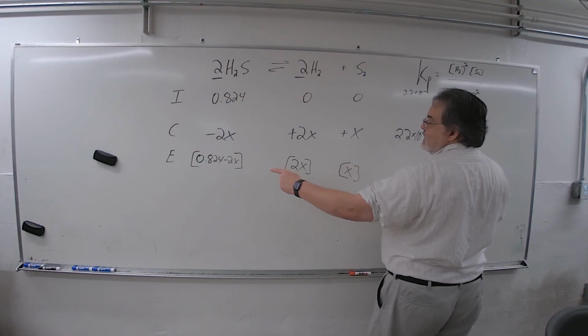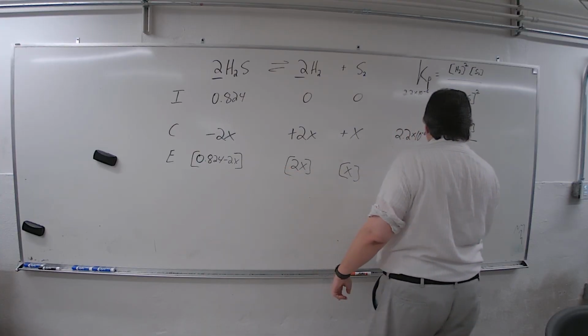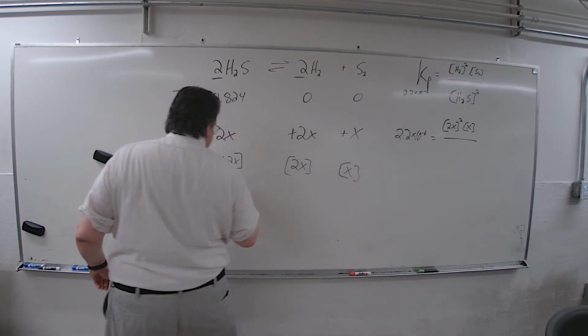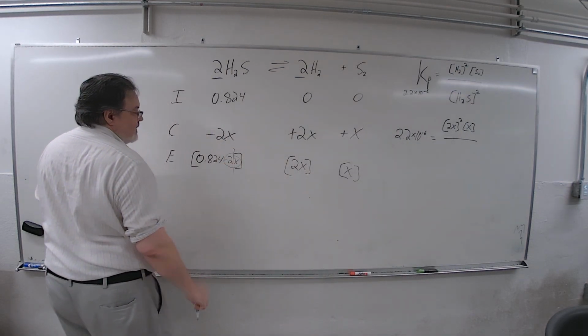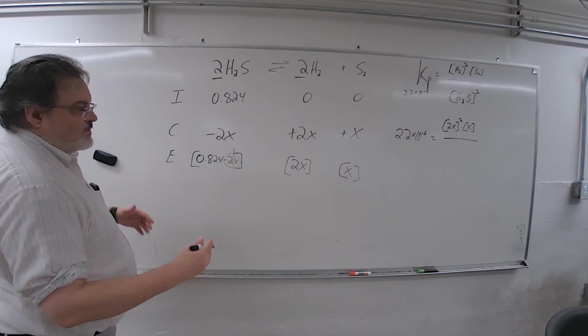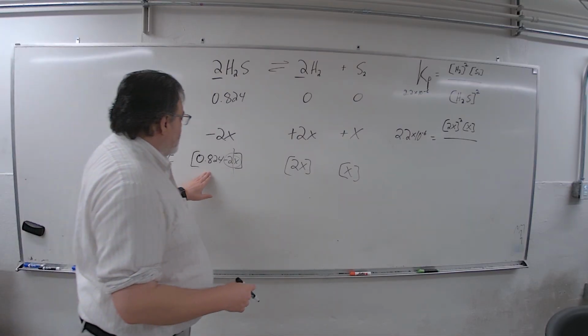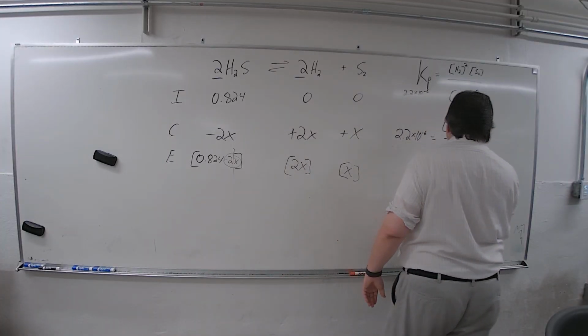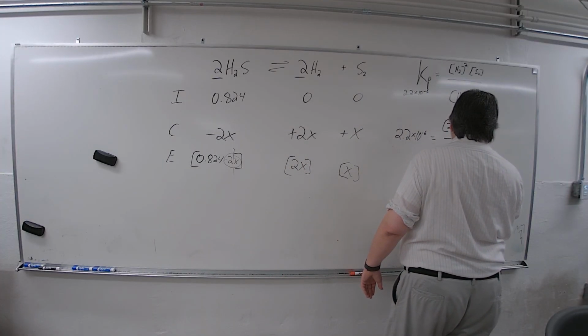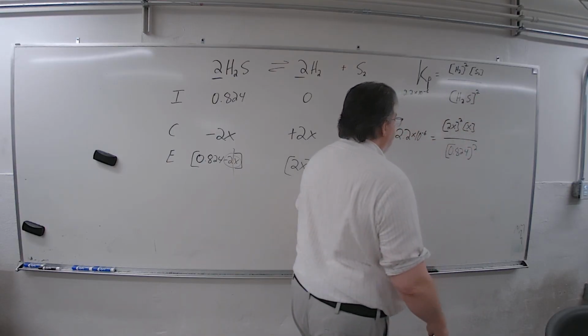And then that one is, I'm going to go ahead and drop this off. The change is negligible. That's what the last thing in parentheses says for the problem. So 0.824 and the squared as well.